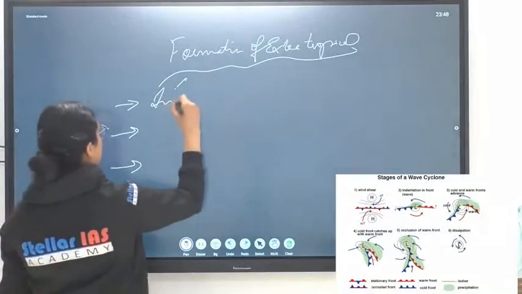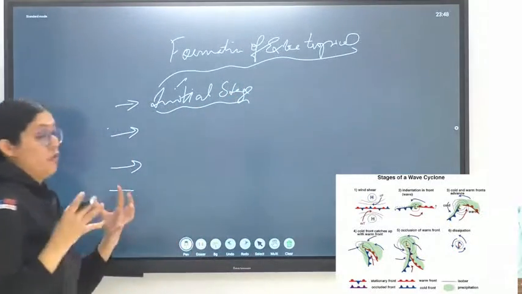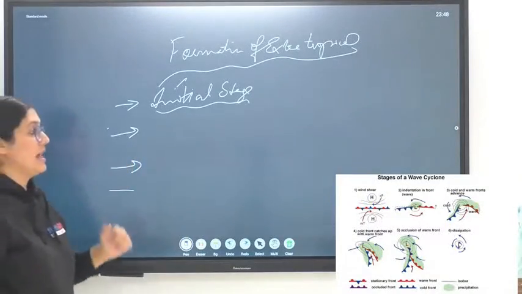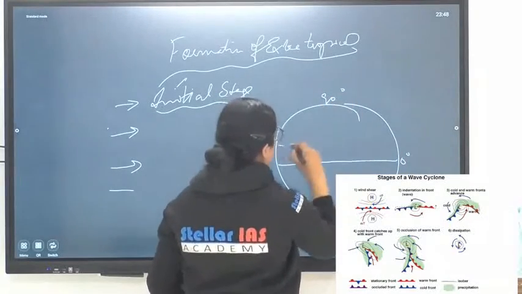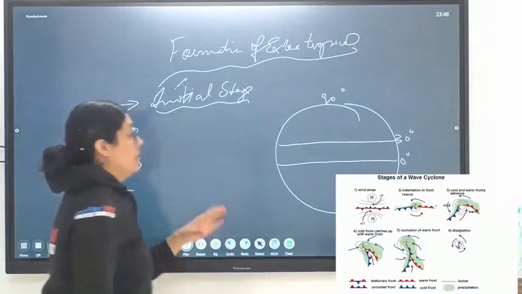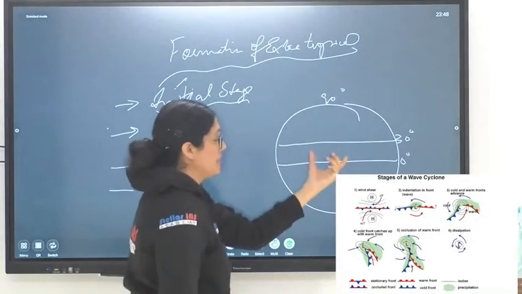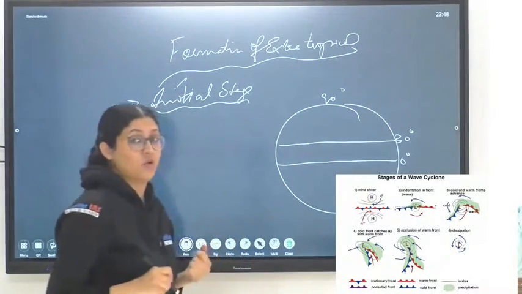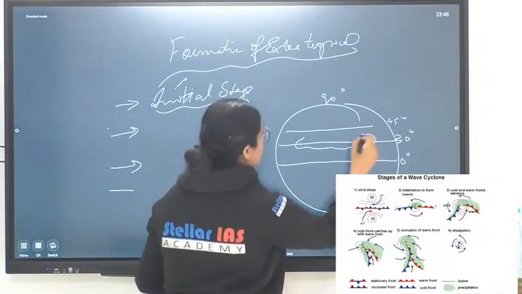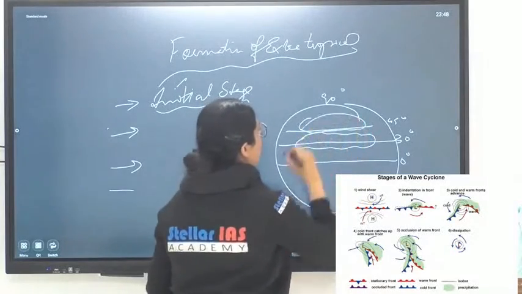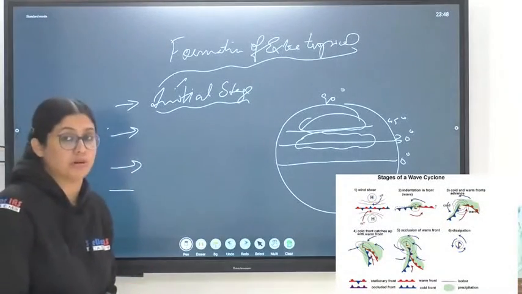Now in the initial stage, what happens is that the warm moist air mass, as I had explained in the diagram earlier, from the tropics, meets the dry cold air mass from the polar region somewhere around the subtropical high pressure belt or the subpolar low pressure belt, and this takes place along the tropopause, okay.